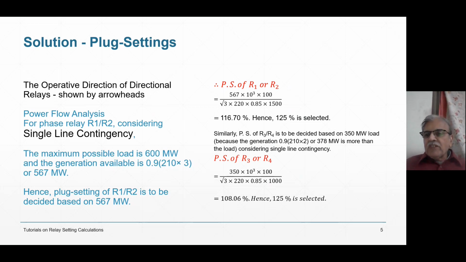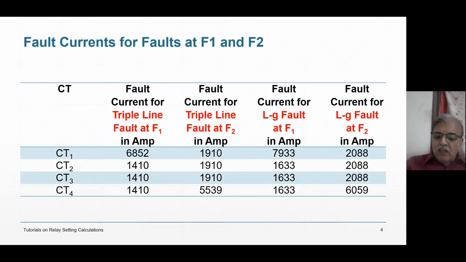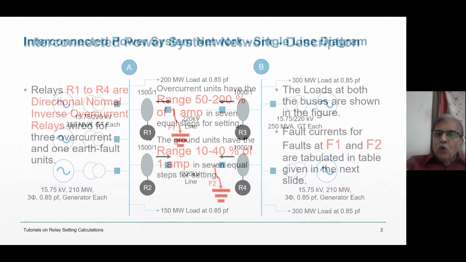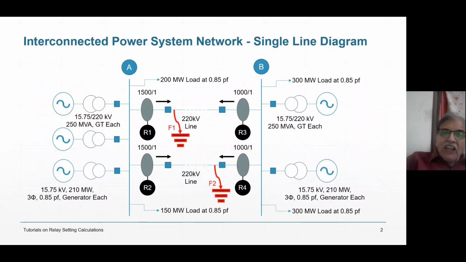Right. Similarly, for R3, R4, my load is 350 megawatt. My generation is 378. Generation is more, but I don't need that much. I don't mean to say that the remnant generation is going in vain. It is fed to the loads at bus B. But through R3, only load is flowing, because the generation is 210 into 2, that is 420, but here my load is 350.